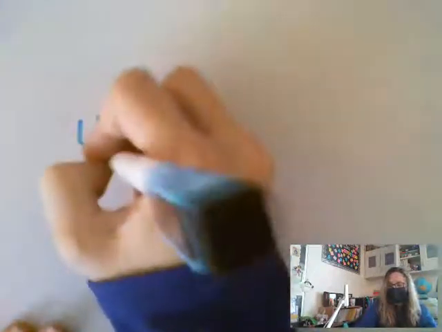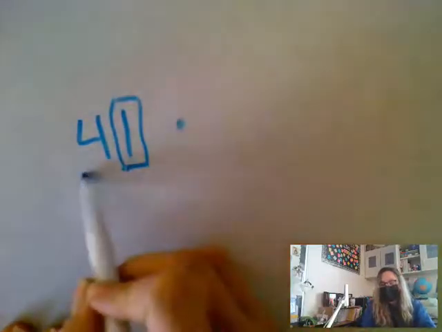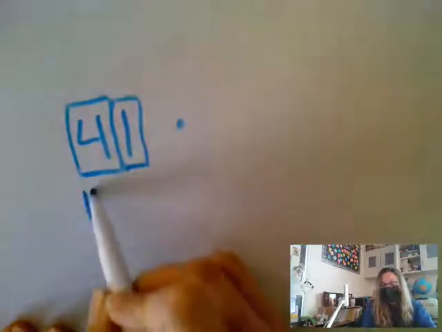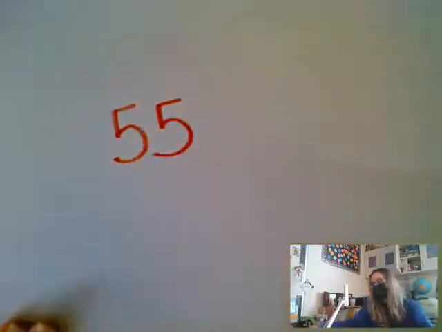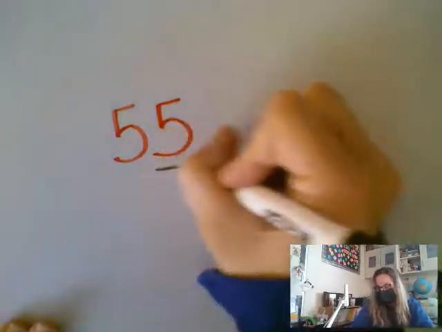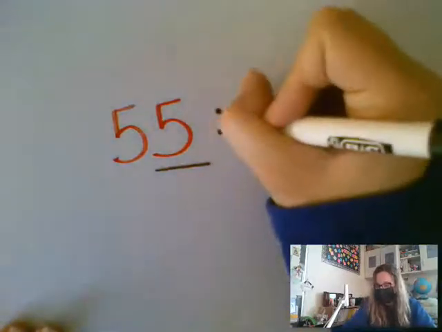Let's say I have the number 41. The value of the 1 is 1. The value of the 4 is 10, 20, 30, 40. What if I had a number like this? Oh, I'm going to try to trick you, so pay attention. What if I had a number like 55? How much is this digit worth? Beckett? 5. 1, 2, 3, 4, 5.